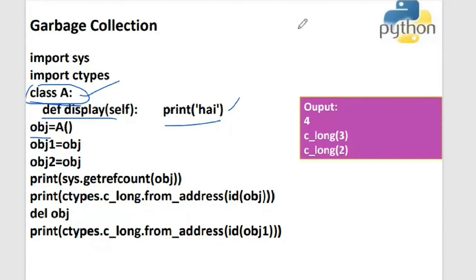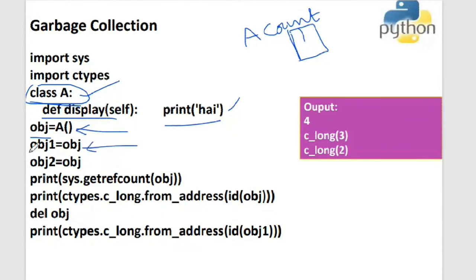Say I'm having a counter over here for the class A. As soon as an object is created, this counter keeps incrementing. At this particular point of time, I have created an object, so the counter is 1. In the next statement, I have created one more object.